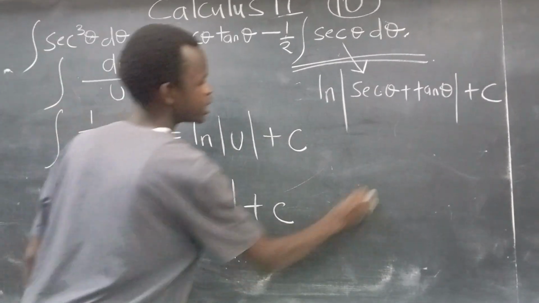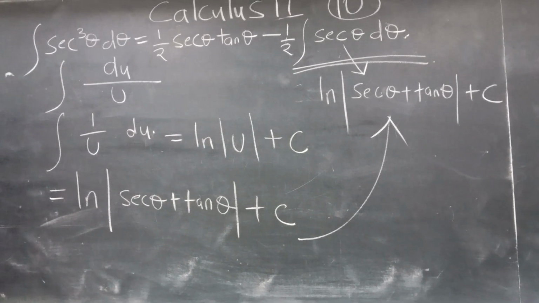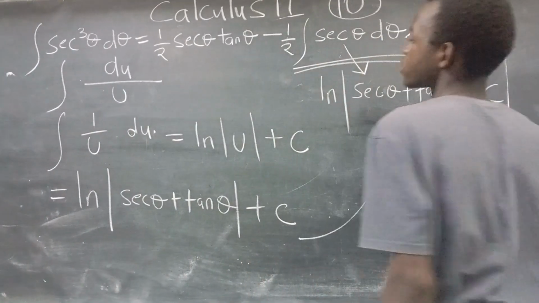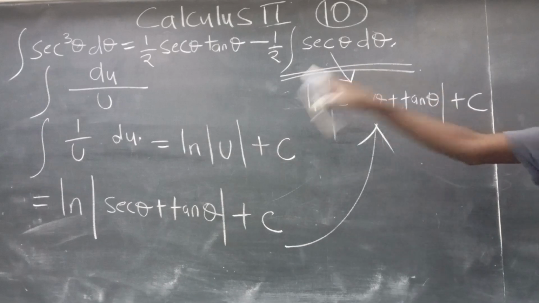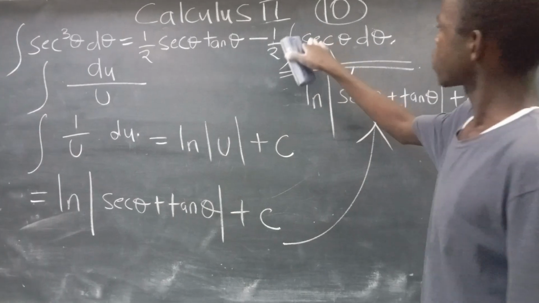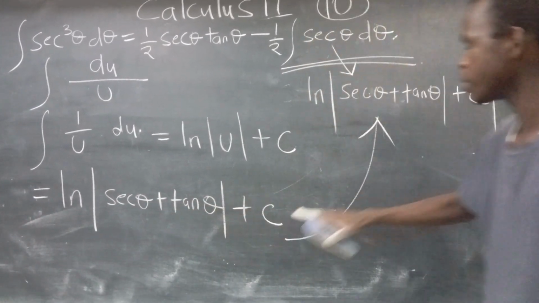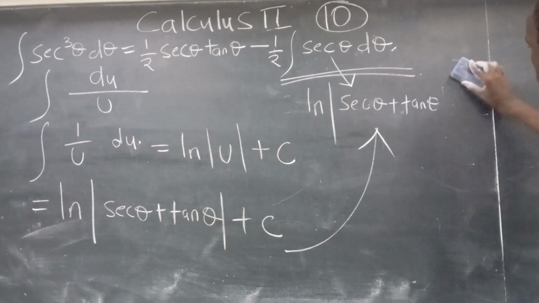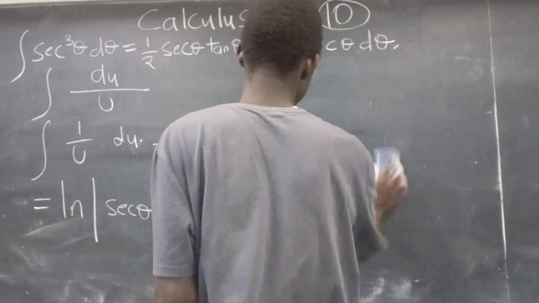As you can see, the answer is similar. So for someone who didn't know, this is how you approached from here to here through that process. So the integral of secant of theta is ln of secant of theta plus tangent of theta plus a constant c. Now let's write the whole answer.